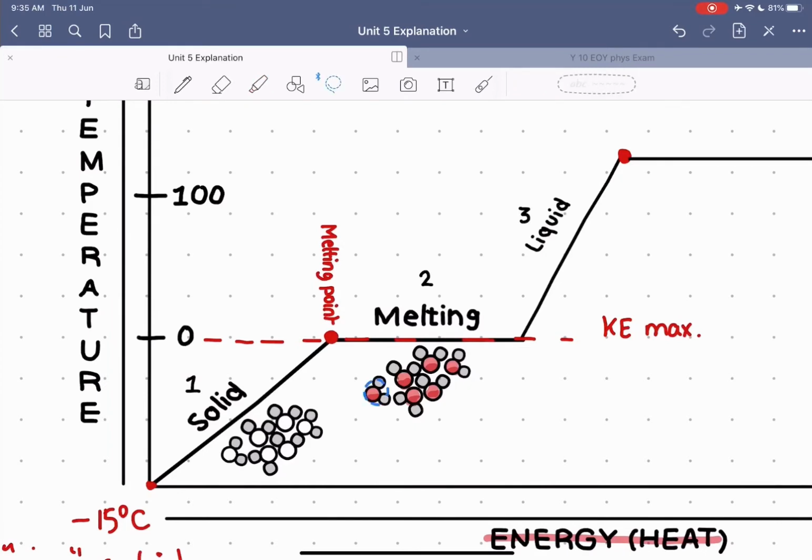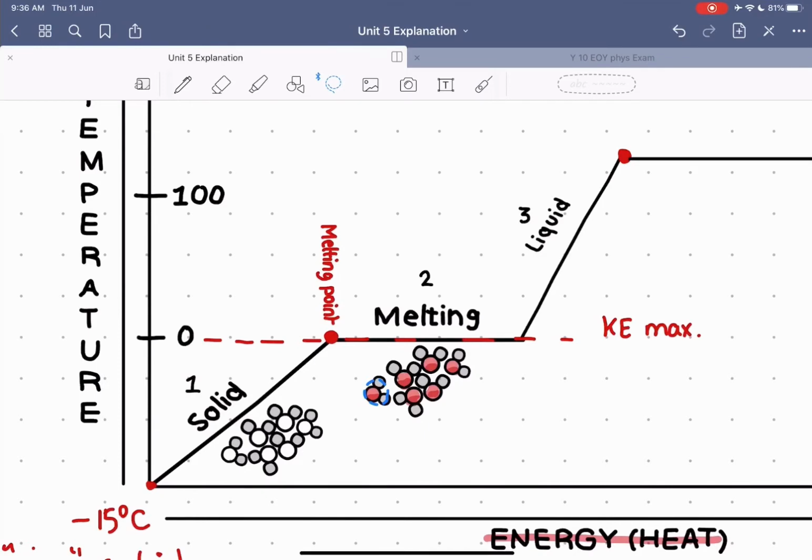Now the system has enough energy to overcome the attractive forces, and the molecules can move with respect to one another. As more heat is added, the temperature remains the same, but the energy absorbed by the molecules is increasing.